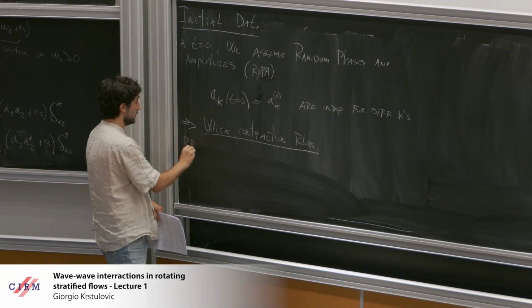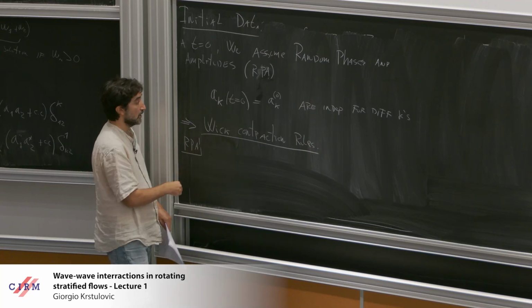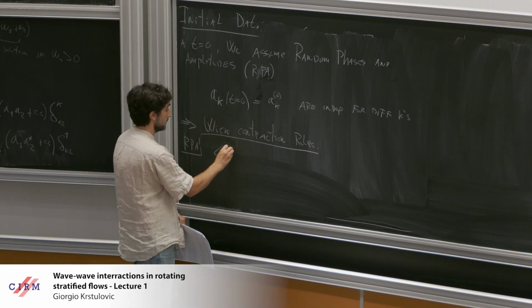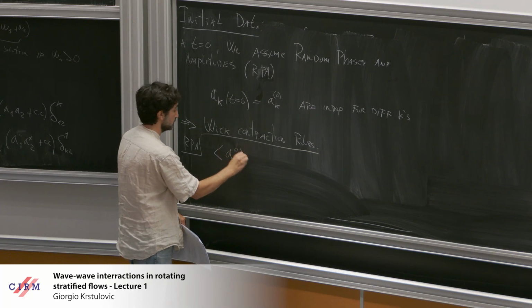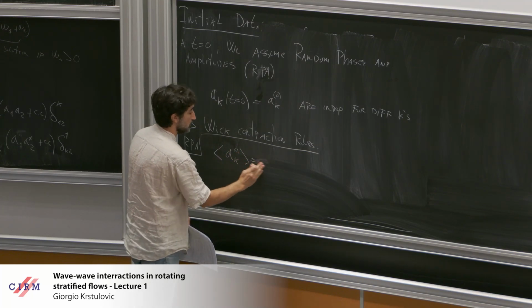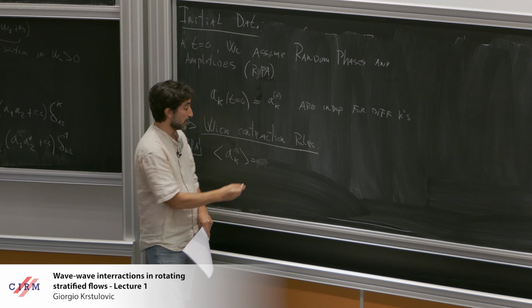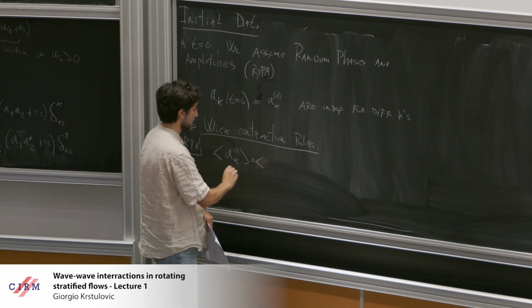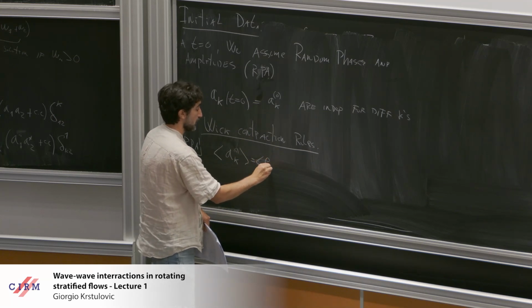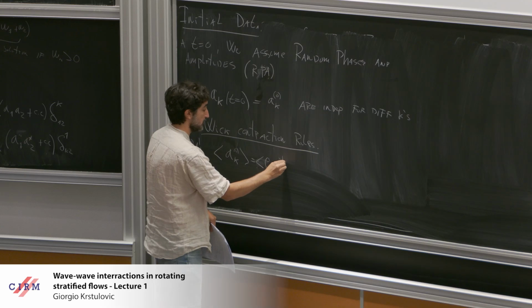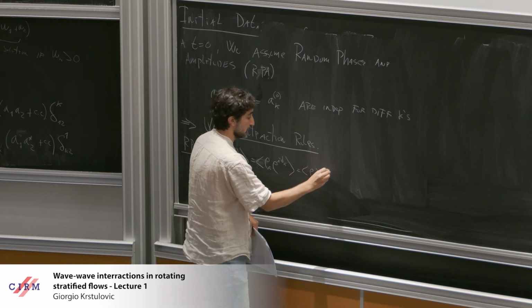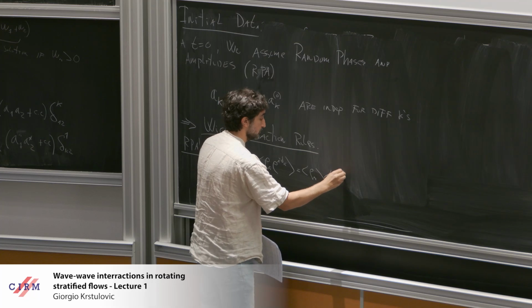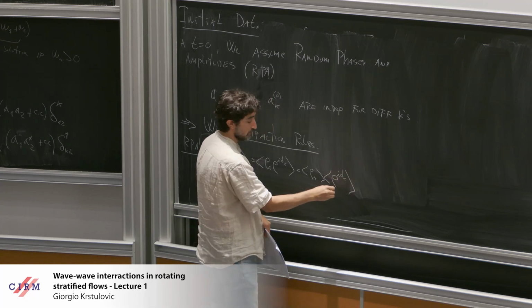Under RPA, random phase approximation, phases and amplitude are independent, so we can call it rho_k e^{i phi_k}, and the average of it is 0.